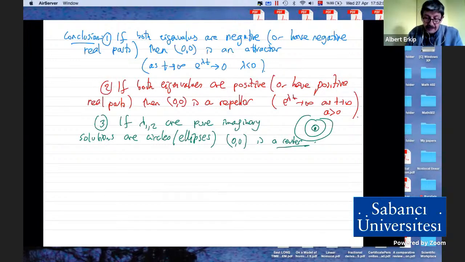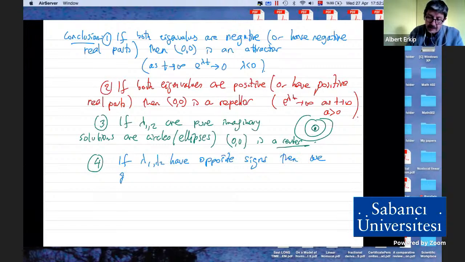And 4, if lambda 1, lambda 2 have opposite signs, then we get a saddle point. Then 0, 0 is a saddle point.